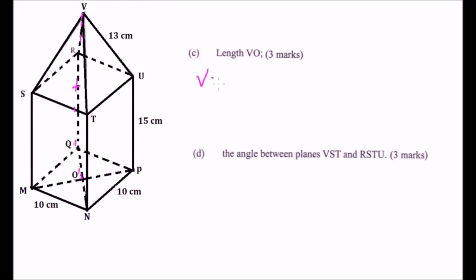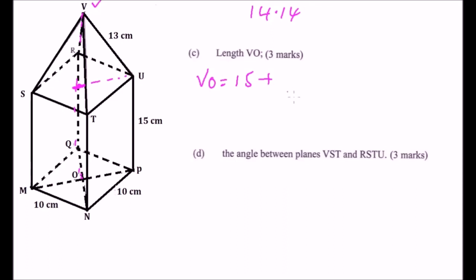So VO is equals to 15 centimeter plus the length from the surface or the plane RSTU and V. So this will be, we had calculated MP to be 14.14 in part A. Therefore, half of that minus the square root of 13 will be the length from this point up to where we have V.